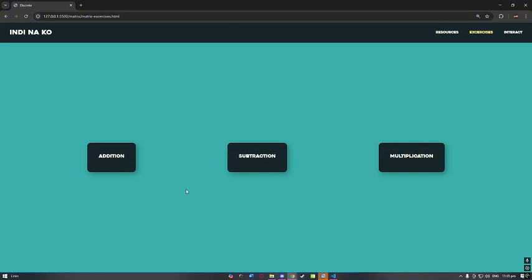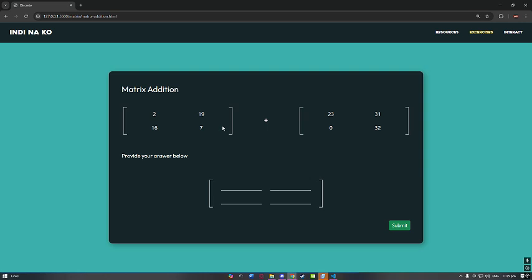For the exercises, it will just be a quiz type, and according to what type of quiz you want to take, it could be either addition, subtraction, or multiplication, in which it will give you random numbers on both matrices, and it will only cover a 2 by 2 matrix.